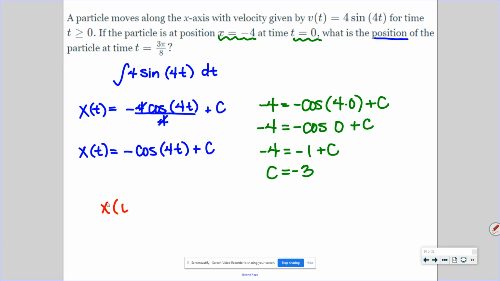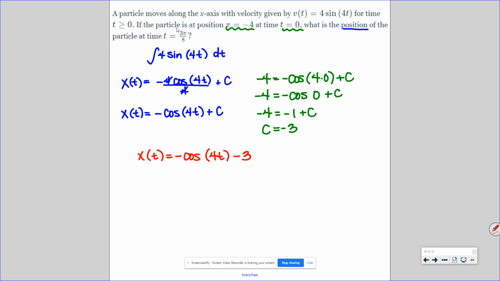The third step is going to be to rewrite that equation with the c value plugged in. So that's what it would look like. And then you can do the fourth step, which is to apply the new function, apply the time value of 3 pi by 8, and solve.